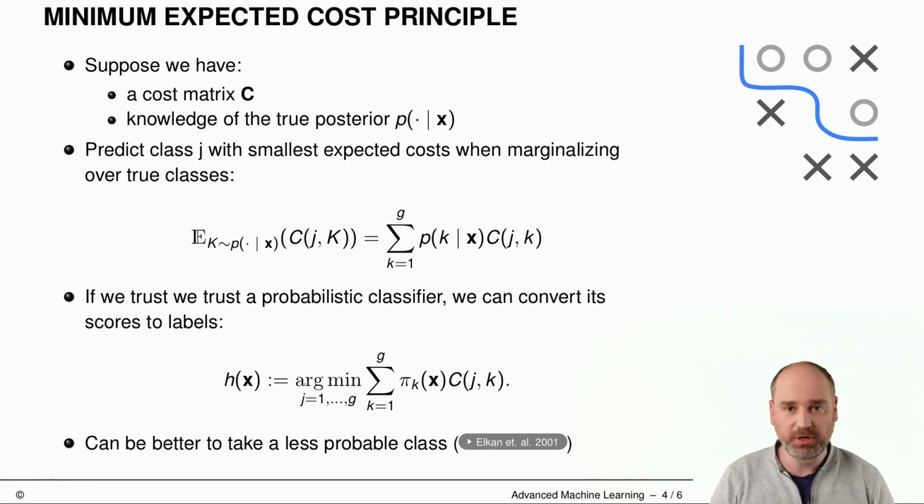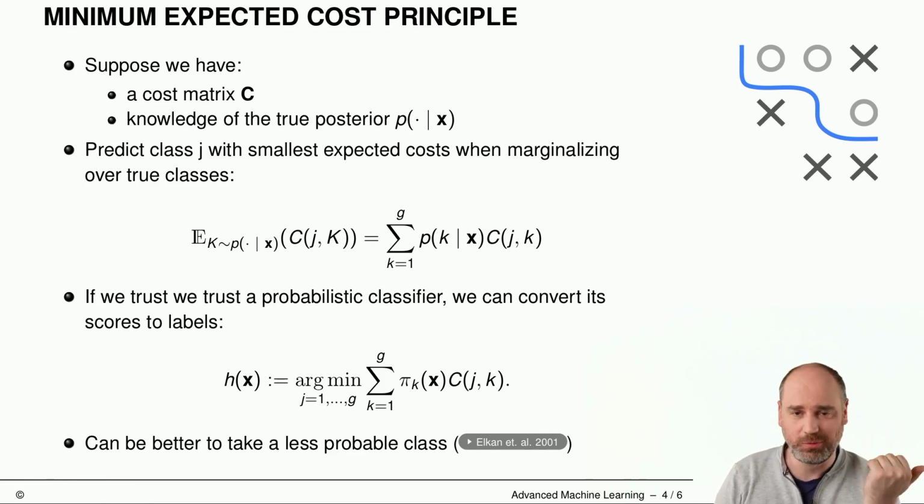Well, that seems pretty obvious, right? We want to predict the class J with the smallest expected costs when we average over all of our true classes. So on average, our prediction should come with the smallest costs possible for a given X. We are now talking about how to create a Bayes optimal or cost-minimal prediction when we already know the posterior probabilities.